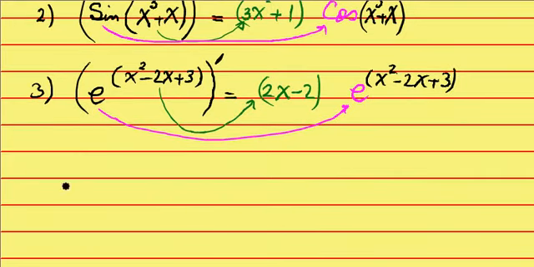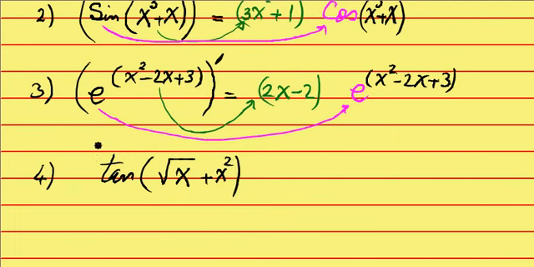Let's go take another one. So if we say tangent of, say, radical x plus x squared, I want to differentiate this whole thing. Okay, so gradually the problems become a bit more complicated, so we might want to do just one step at a time and not compress too many things all at the same time.